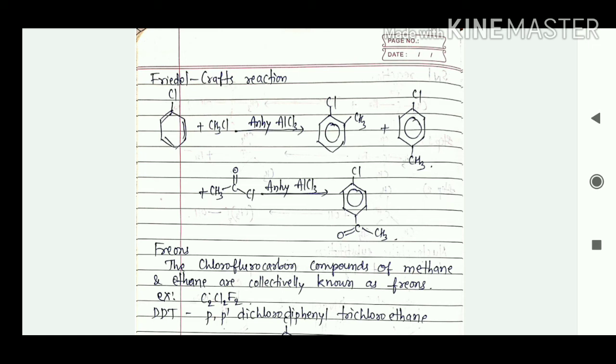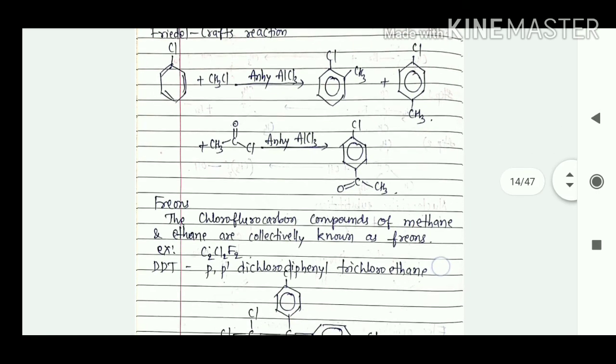Here the alkyl group will be substituted on the benzene ring, either at the ortho position or at the para position. Like that we can consider an acyl chloride, CH3COCl. In presence of anhydrous AlCl3, here we are going to get this kind of product.